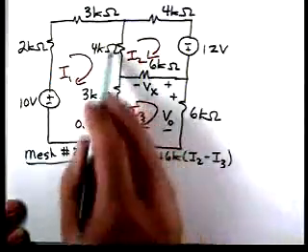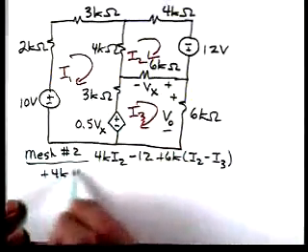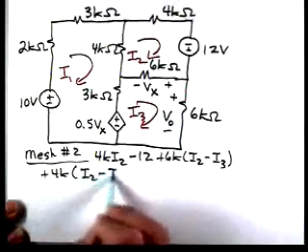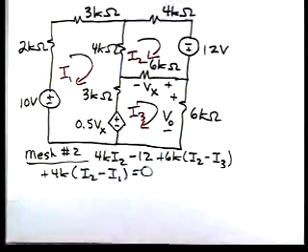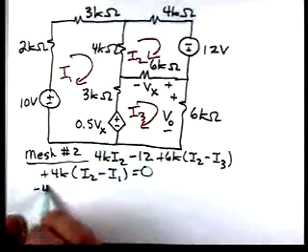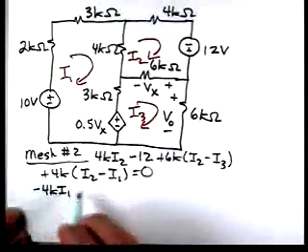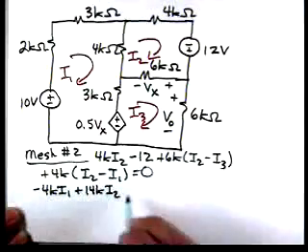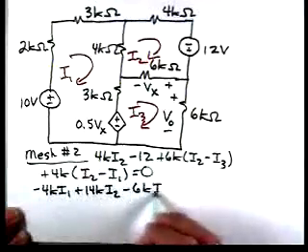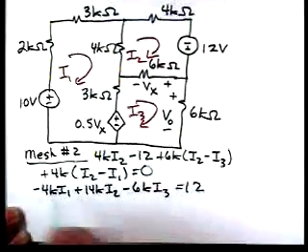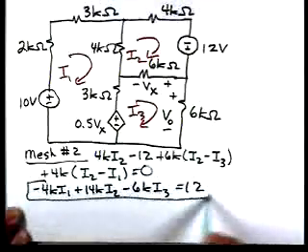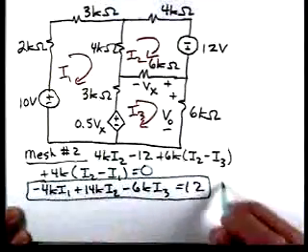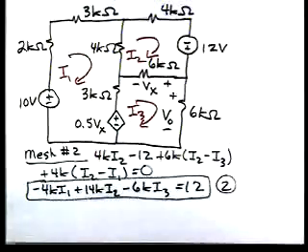Then we'll have a drop here, which is 4K times (I2 minus I1), equal to 0. And then if we collect up terms, we'll have minus 4K I1 plus 14K I2 minus 6K I3 equal to 12. Okay, there's the second equation.